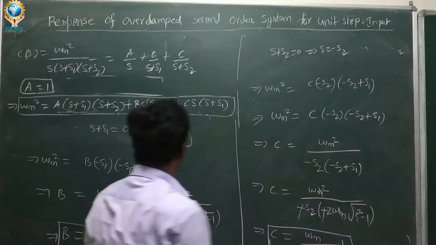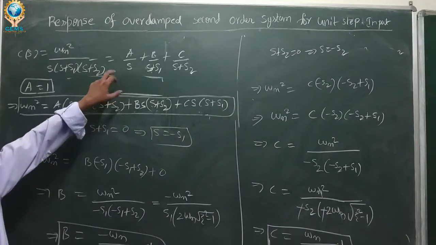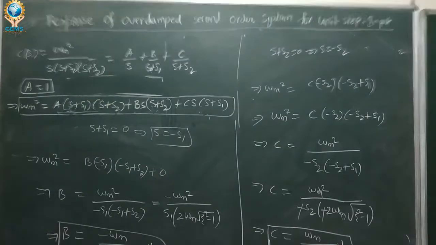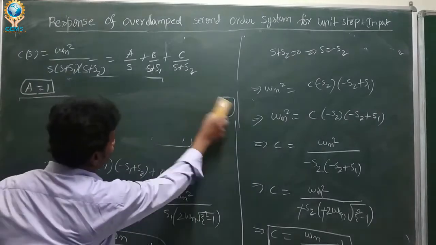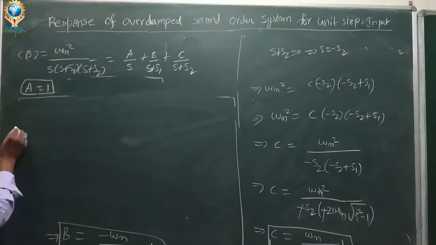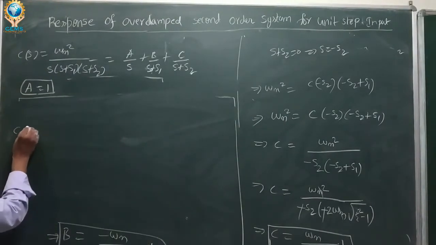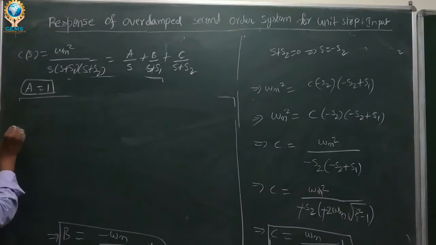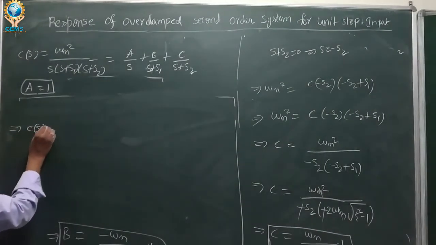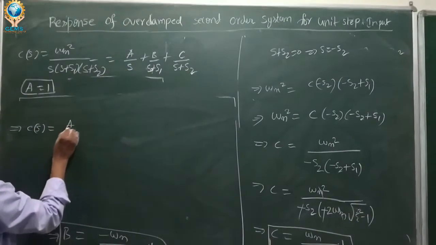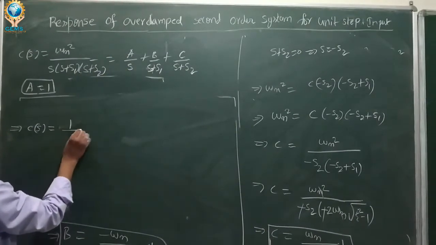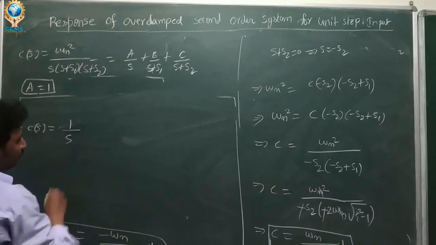So substitute the A, B, C values in this equation. I am going to erase all the things. So now C of S is equal to, so what is A by S? A is equal to 1. So what is the B value?